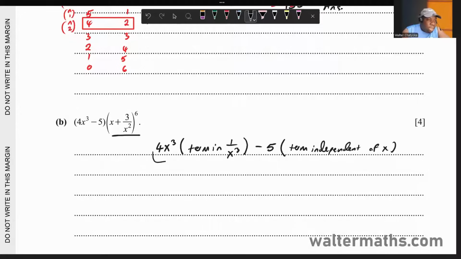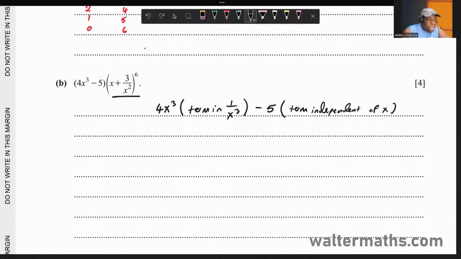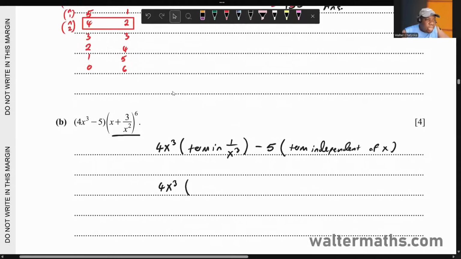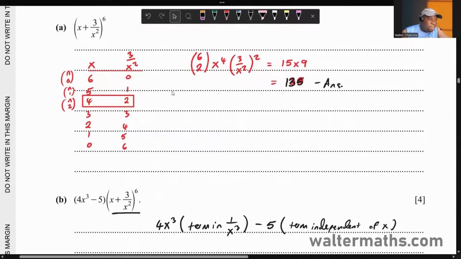So here we'll get a term independent of x, and here we'll get a term independent of x. That's going to be 4x cubed, and for the term in 1 over x cubed in the expansion, the power of x should be 3 degrees higher than the degree of 3 over x squared.